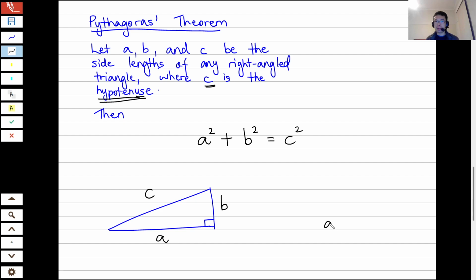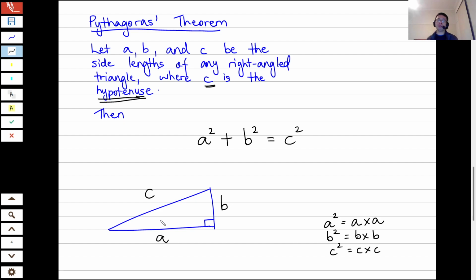And just remember, if you've forgotten, A squared means A times A. B squared means B times B. C squared means C times C. So if I square a number, that means I'm taking that number and multiplying it by itself. If I take the two shorter sides, A and B, and I square them, and then I add those numbers together, I'm going to get the longer side C squared.